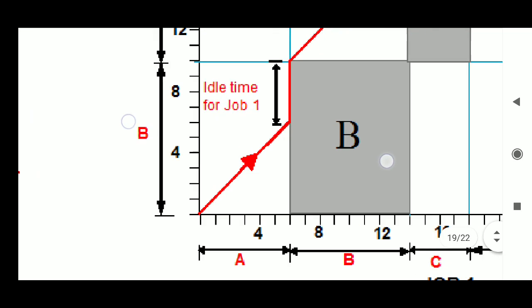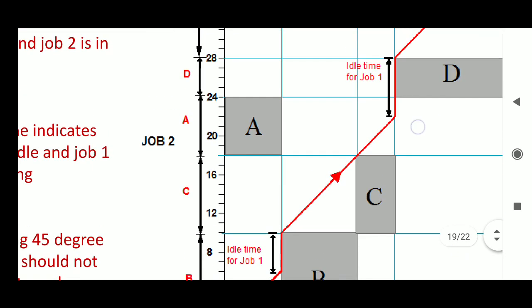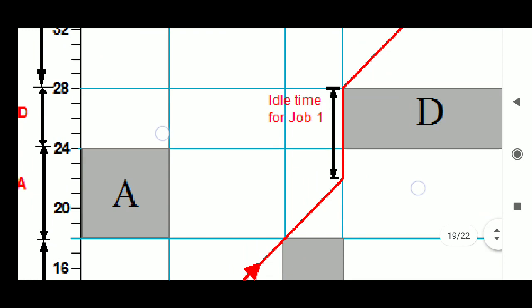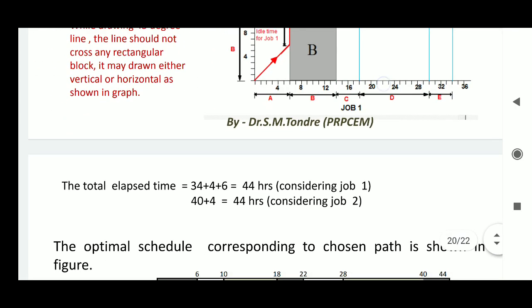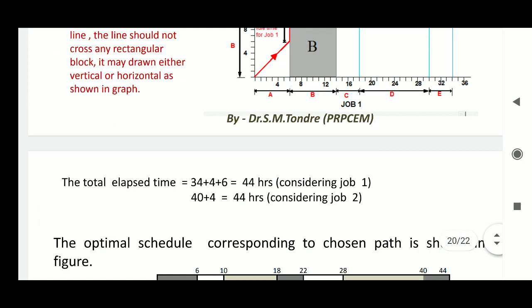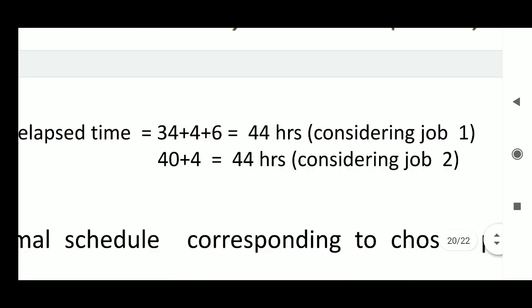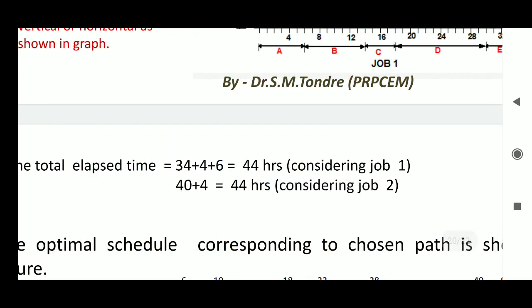Then again job 1 is idle, for 6 hours, sorry, not 4. So the total idle time for job 1 is 4 plus 6. The total elapsed time is 34 plus 4 plus 6, that is 44 hours for job 1.